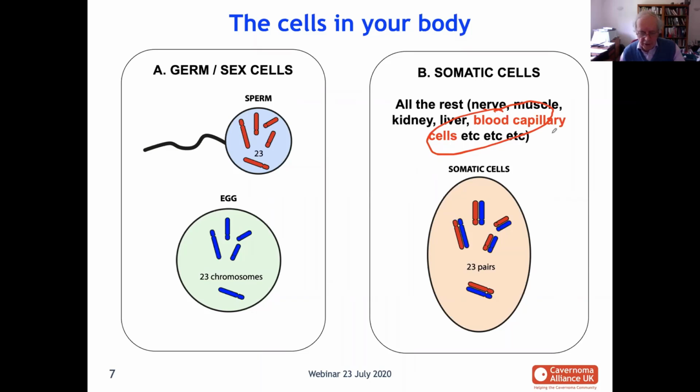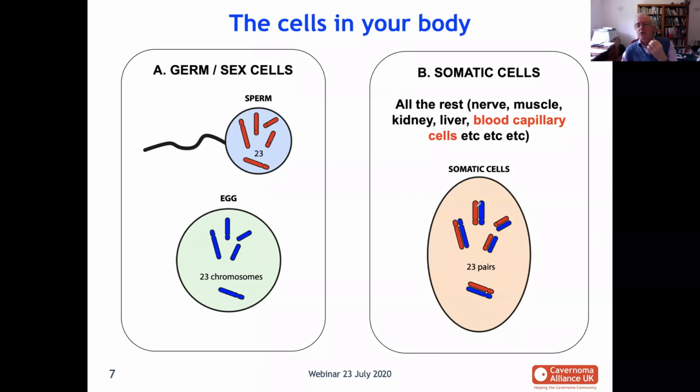And you can get mutations in those somatic cells, and those mutations are not inherited. And you can get mutations at any point along the development of somebody, right through when you're still in embryo, right through to when you're a child, to when you're a grown up.